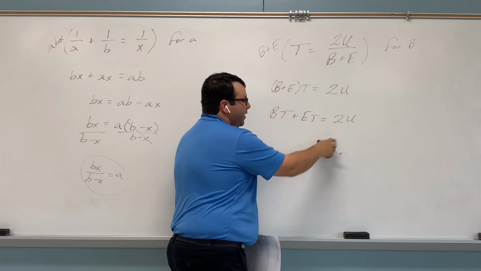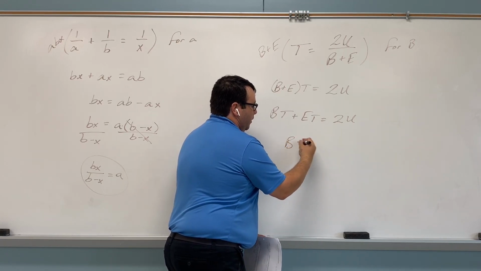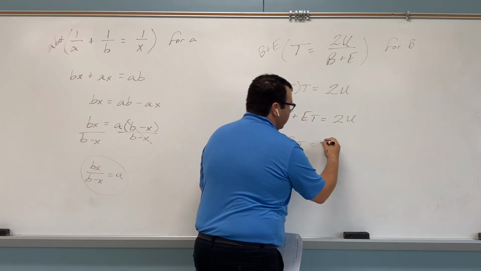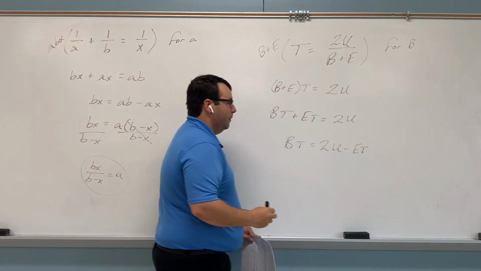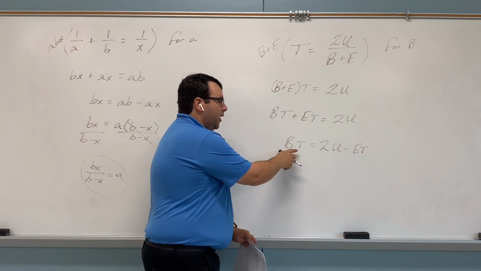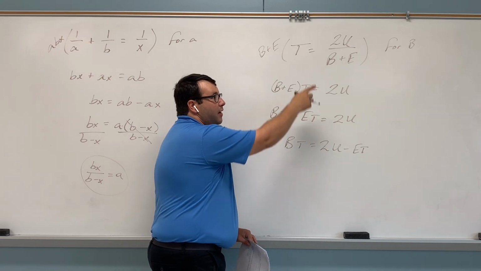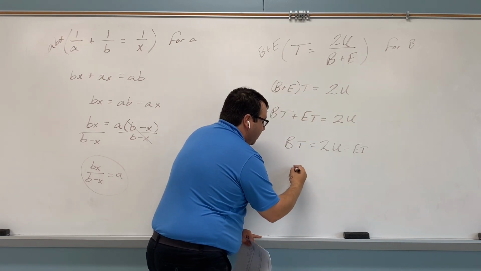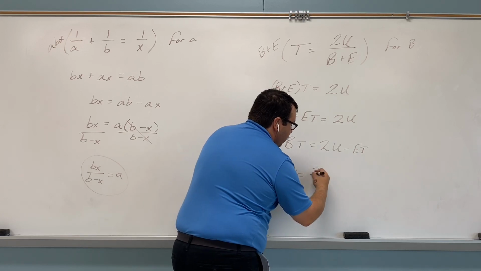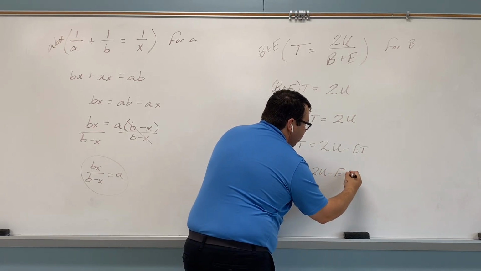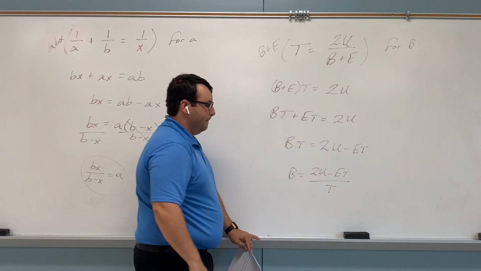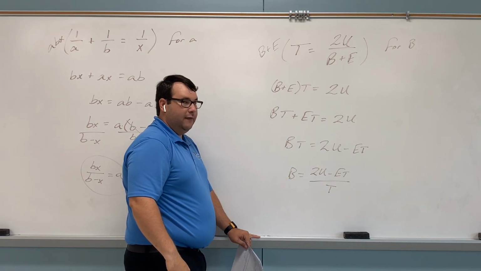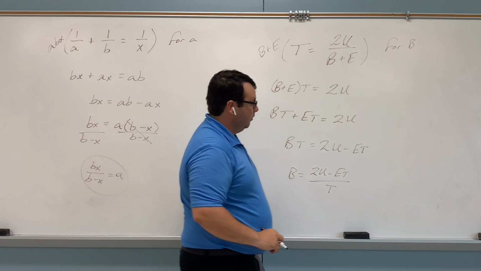We're going to subtract et, so bt is equal to 2u minus et. And then I'm going to divide by t, because I don't care about t, I care about b. So that means b will equal 2u minus et divided by t. And that's it. So that works.